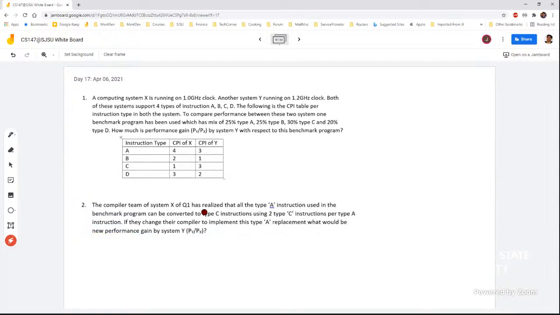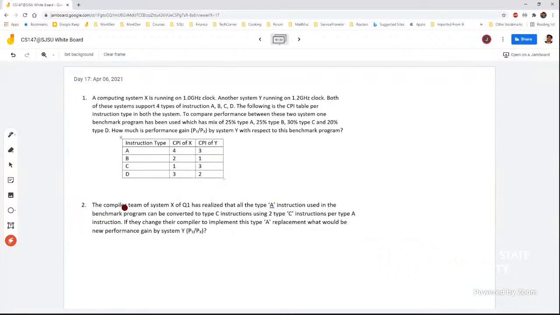So the idea for system X is that we are trailing behind on A with respect to Y, but if we can replace some of these with C, where we actually do better, maybe we can beat system Y. So that's the target.